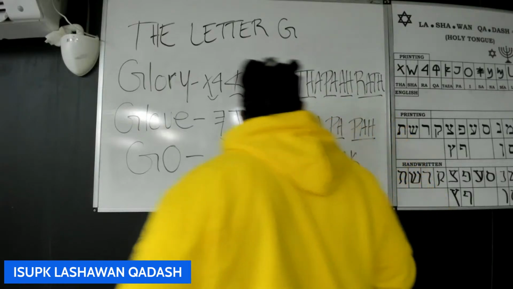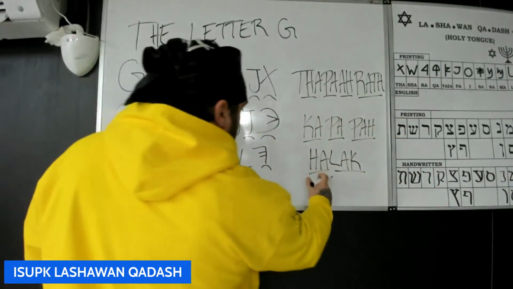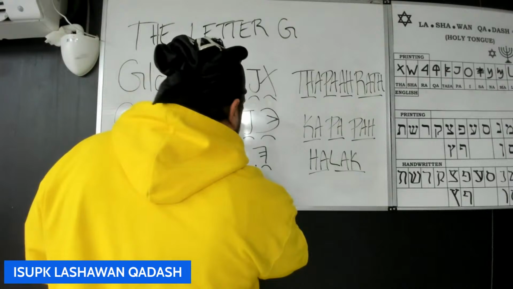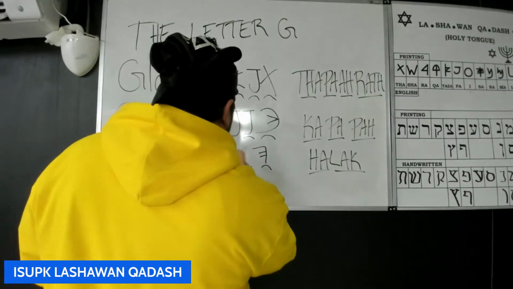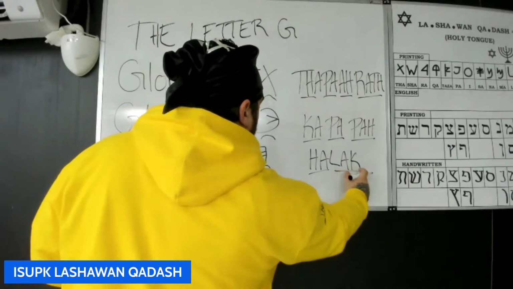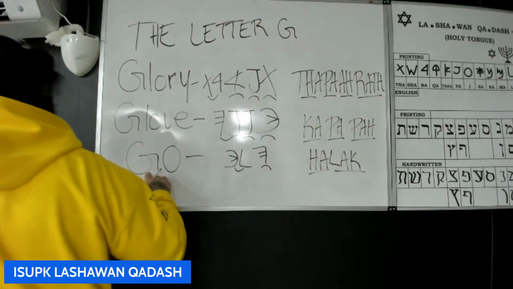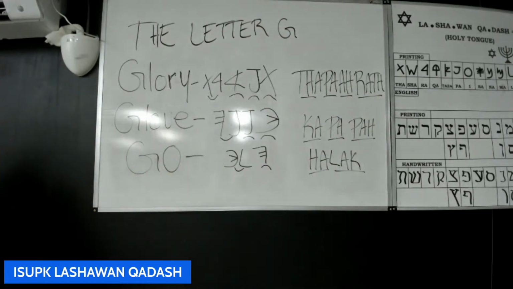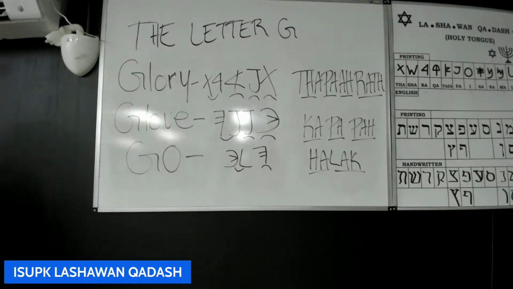Halak. Ha, ha, la. With the connector to the ka, you knock the A off, you got halak. And that would mean go. I'll leave that up there for a little while so everybody can write it down.